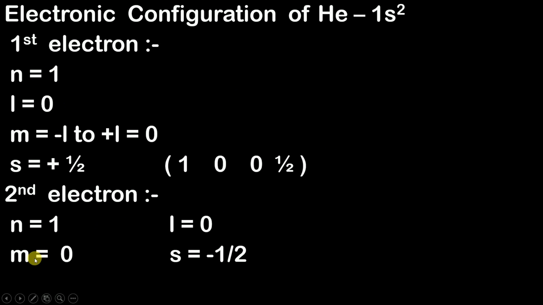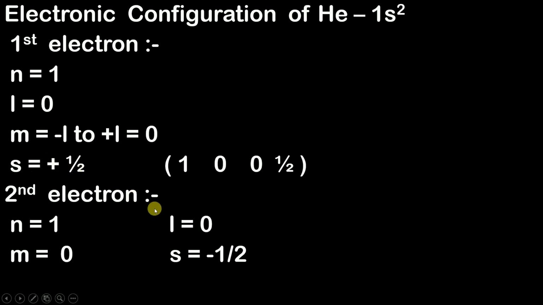Similarly, the value of m completely depends on l. So m is going to range from minus 0 to plus 0, which is simply 0. And as we know, the first electron is revolving in a clockwise direction, so we have taken plus half.